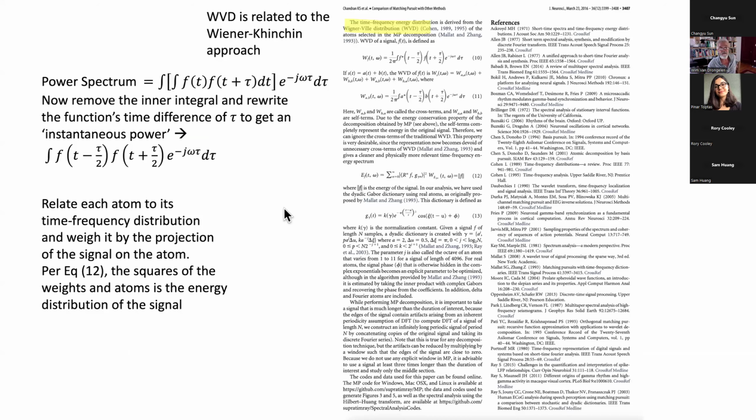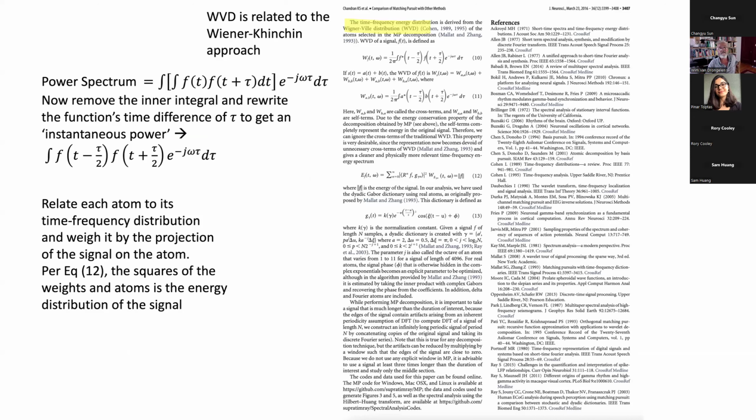So now we have the signal and we have a bunch of atoms. Now we want to create a spectrogram of that, isn't it? And that's explained on that last page. It says, well, we use the Wigner-Ville distribution, WVD, the abbreviation of the initials of my name.